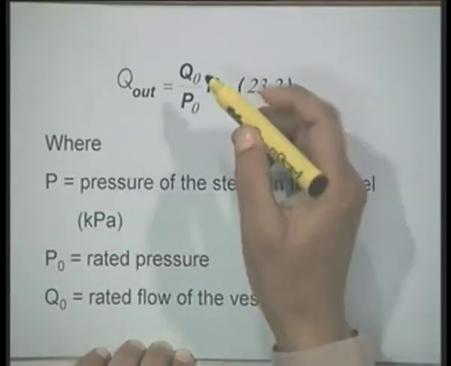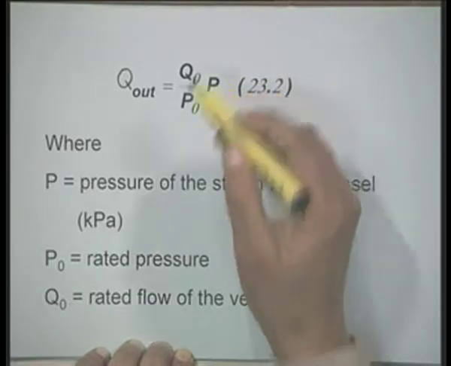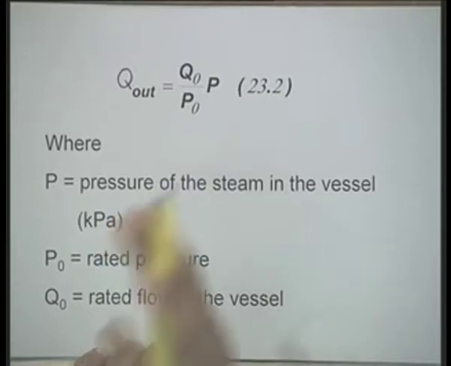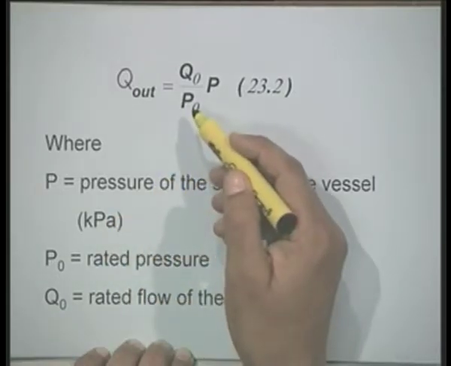A very simple equation. Now, here we will relate the rate at which the steam is leaving the vessel to pressure. Let us say that Qo is the steam leaving the vessel per second when pressure is Po.